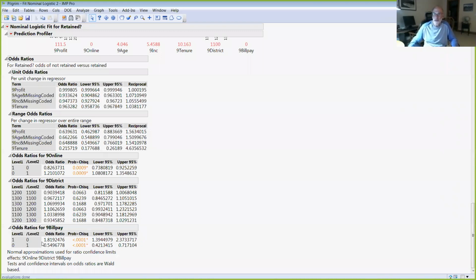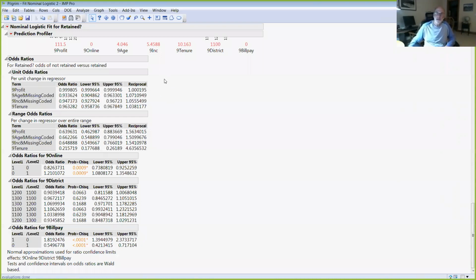The point estimate is that they're 82% higher odds of losing the customer if they are an electronic bill pay customer than if they're not. And so you get odds ratios for all of the variables, which you don't get from the decision trees.